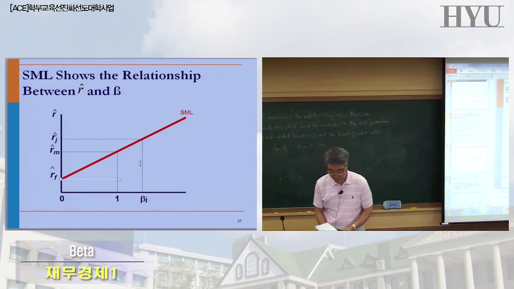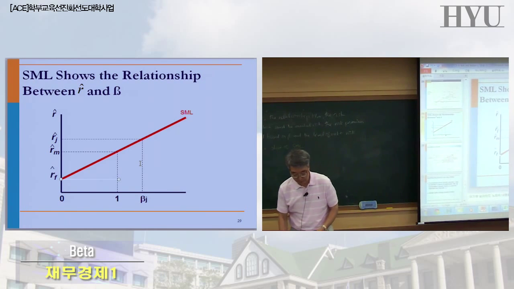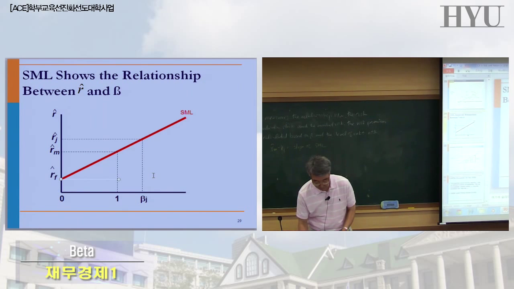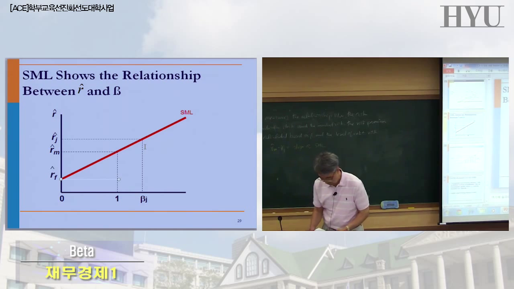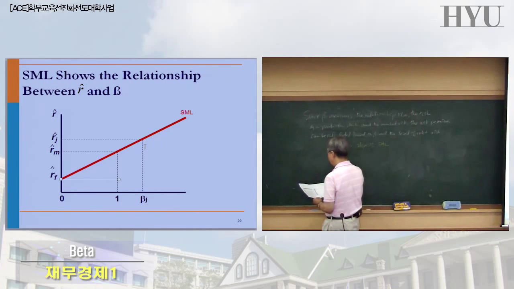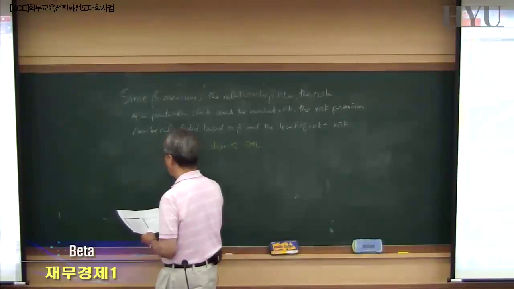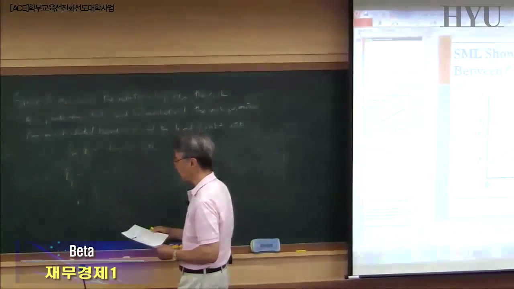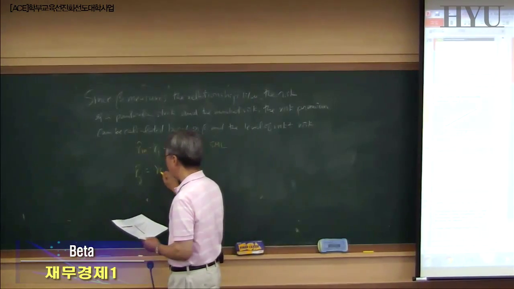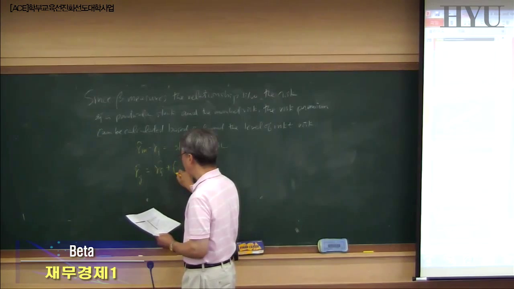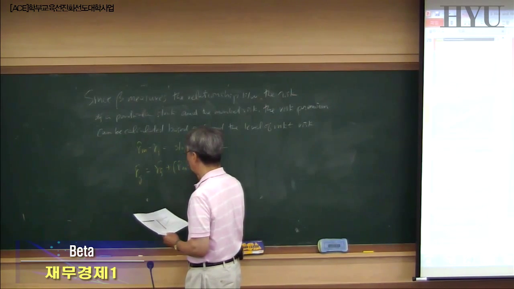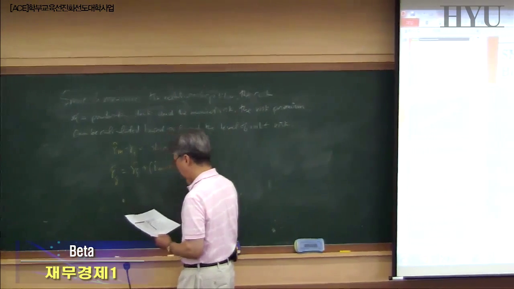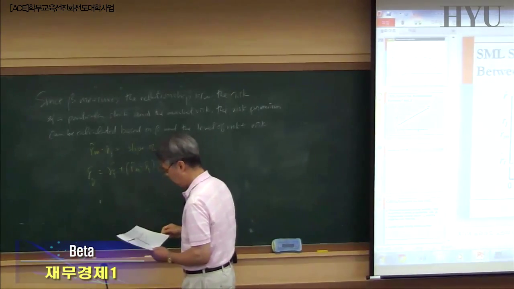Because this is a security market line which shows the relationship between expected return and beta, RJ hat, which is the expected return from any particular stock or portfolio, should be RF hat plus (RM hat minus RF hat) times beta J.